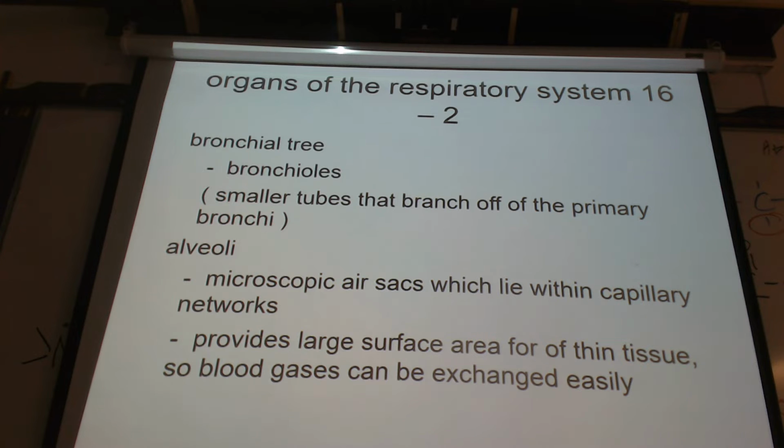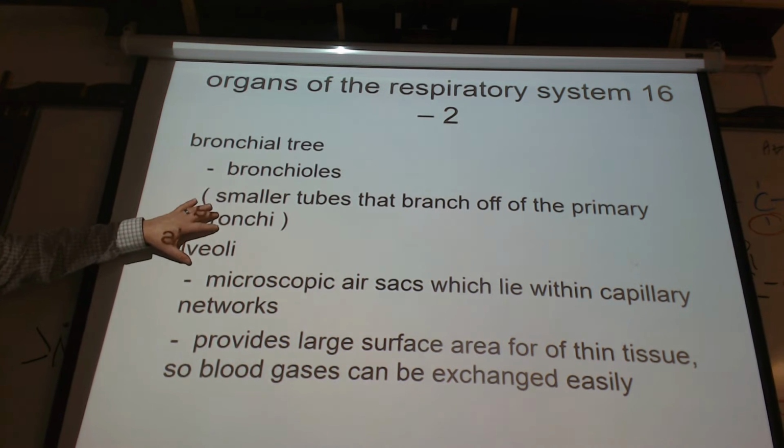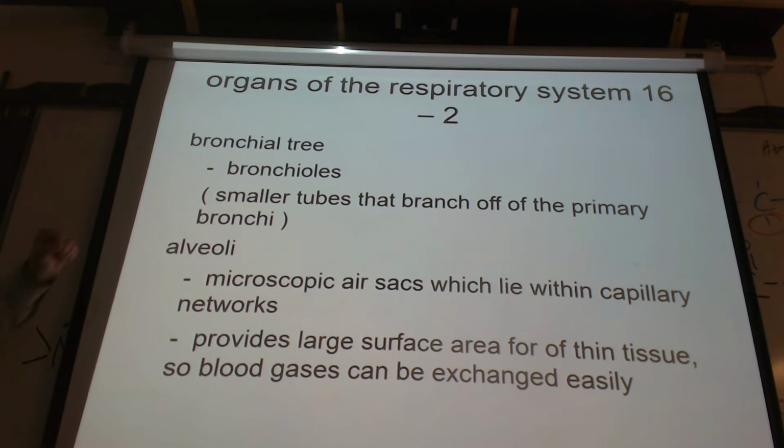And then finally, one cell layer thick, is what we call your alveoli. Microscopic air sacs which lie within capillary networks. The reason that it's one cell layer thick is that capillaries are also one cell layer thick. So what happens through the natural process of diffusion is oxygen goes from a high concentration in the lungs to a lower concentration inside this capillary network.